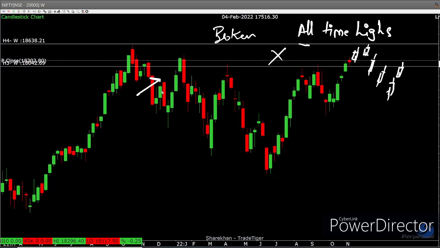If this supply zone is broken, that can definitely help us in ways that we've all been, maybe somewhere hoping or somewhere guessing, that the market might now definitely make some highs and all time highs are likely to happen.